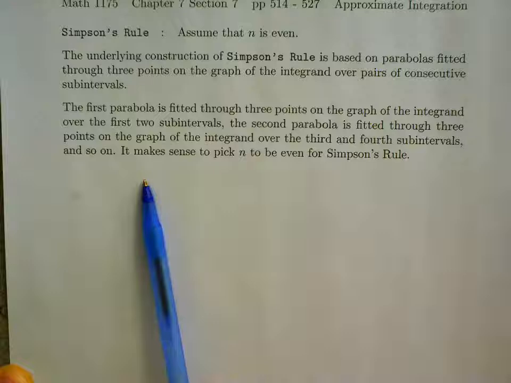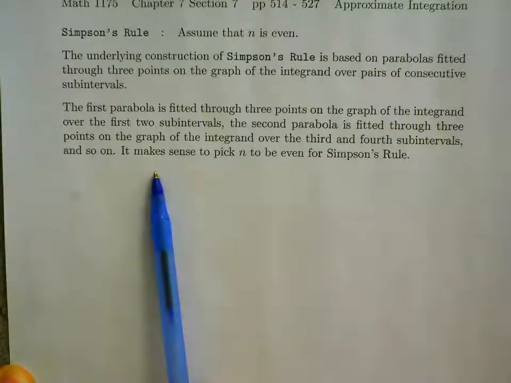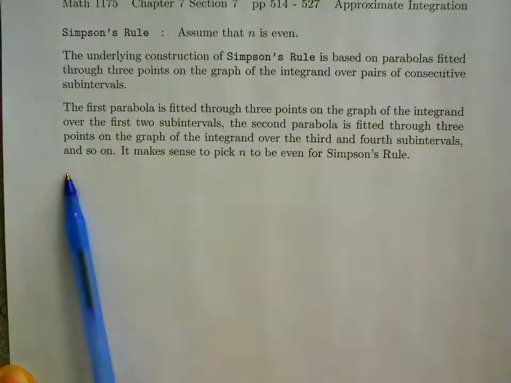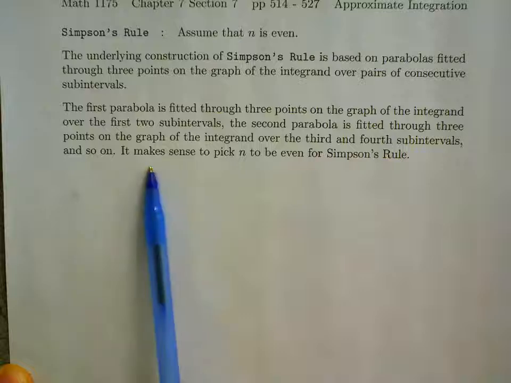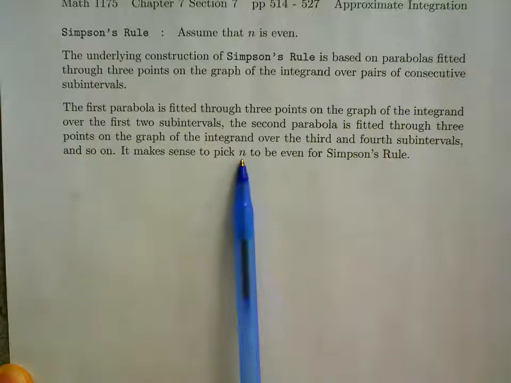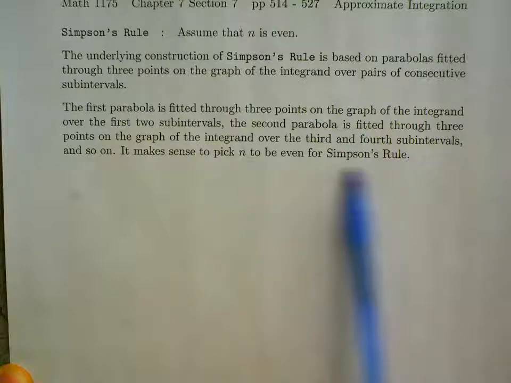So we're just picking consecutive pairs of subintervals, fitting a parabola through 3 points on the graph of the function, and then finding the areas of those parabolas on the dual subintervals. But since we're taking pairs of subintervals, it makes sense that the value of n is even when you're applying Simpson's rule.